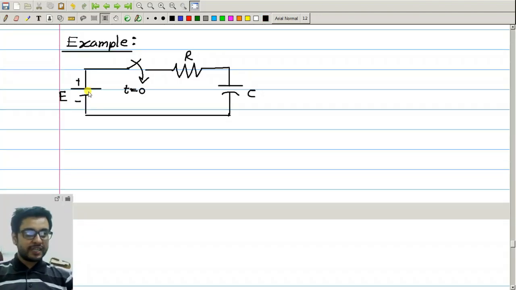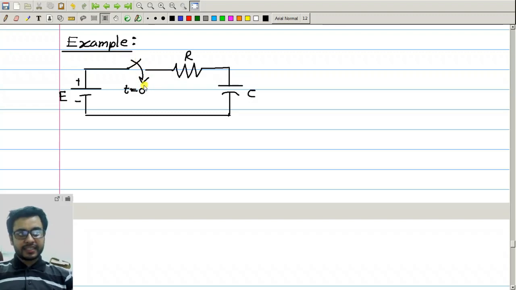Now we shall take another example. Here we have a circuit with a capacitor C, resistance R, a battery E, and a switch all in series. This switch was initially open and then it is closed at t equal to 0.